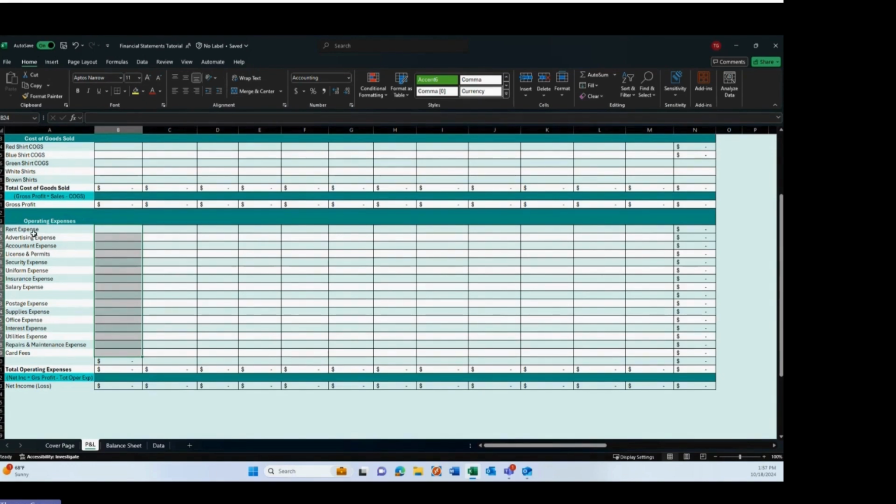And the types of operating expenses that you're going to have on your profit and loss sheet are going to be different from business to business. So even if you have a friend who has the exact same business as you, they may very well have a different list of operating expenses because every business conducts operations in its own unique way.